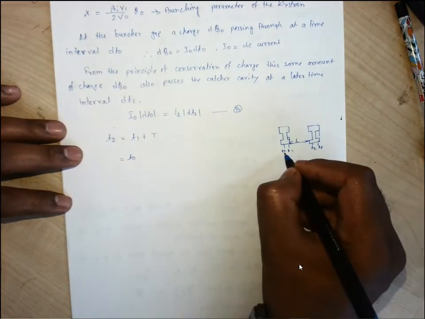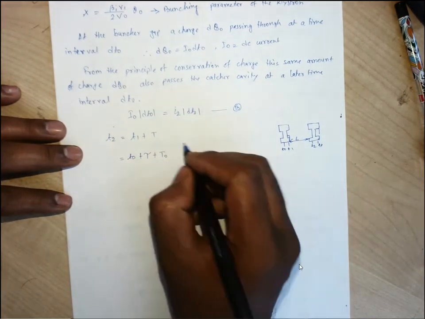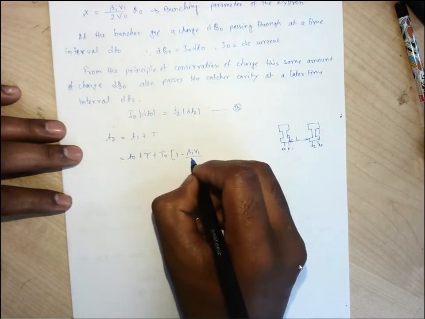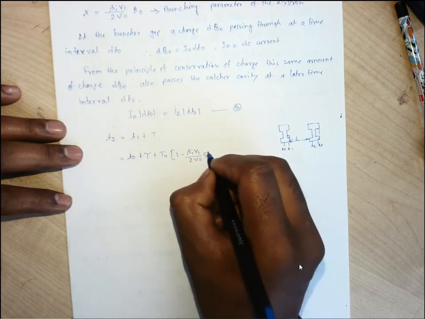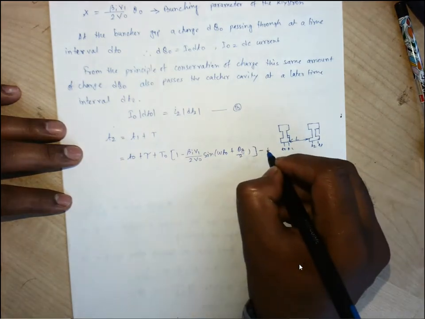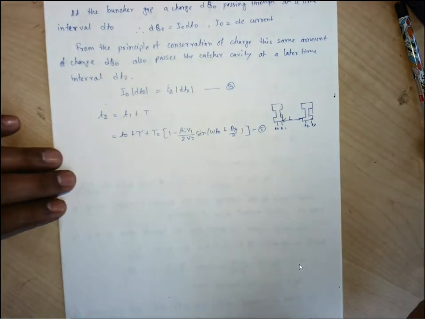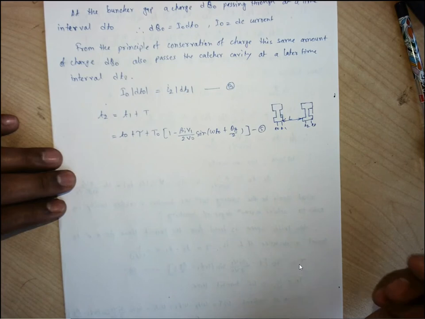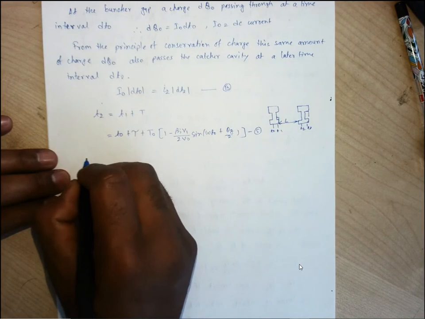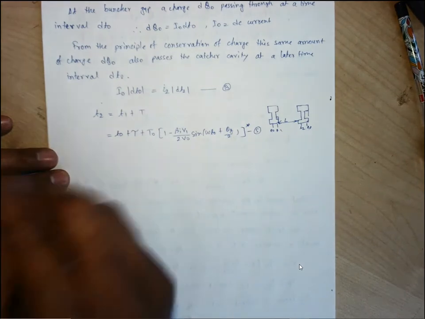T naught plus tau plus T naught into 1 minus beta i V1 by twice V naught sin of omega t naught plus theta g by 2, equation 5. So how have we written this one? For this point I am just writing how we did this line.